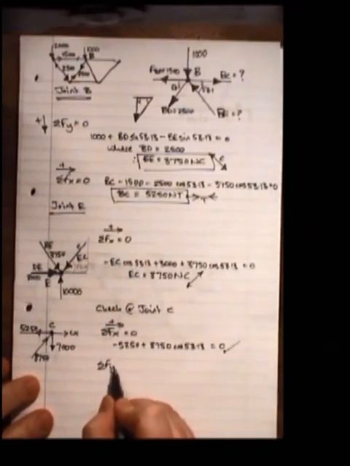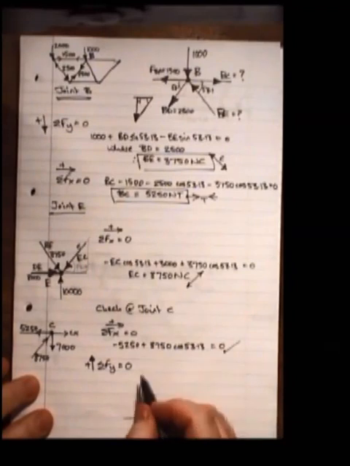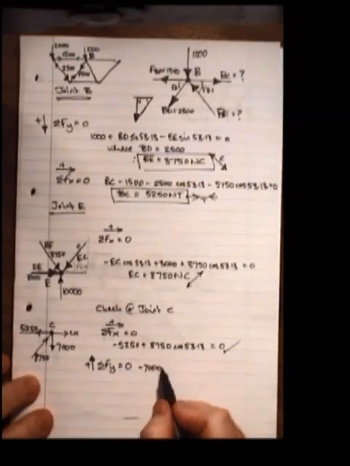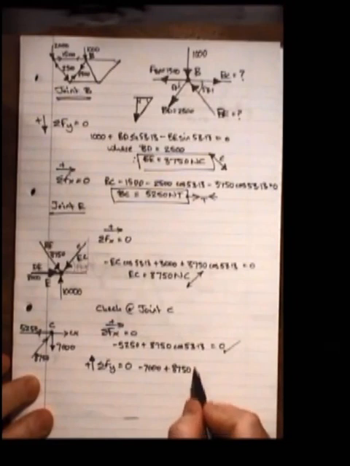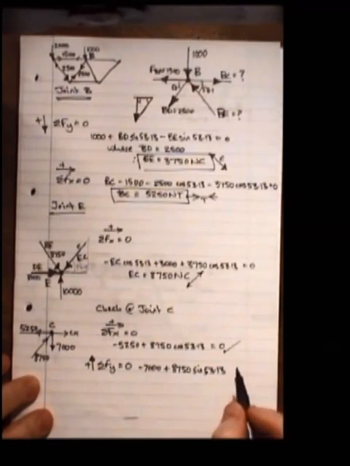Sum of forces in a y direction, we'll say that everything going upwards is positive. So we've got minus 7,000 coming down, plus our 8,750 going upwards. How much of that is acting upwards? It's sine 53.13.